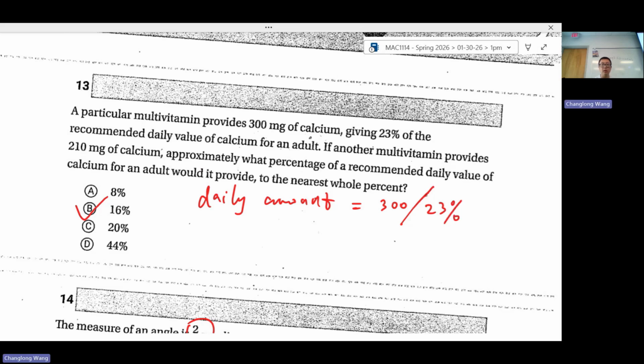Now, I guess that sometimes people might be confused whether to multiply this by 23% or divide it by 23%. As I typically remember this, should the daily amount be more than 200 milligrams or not?